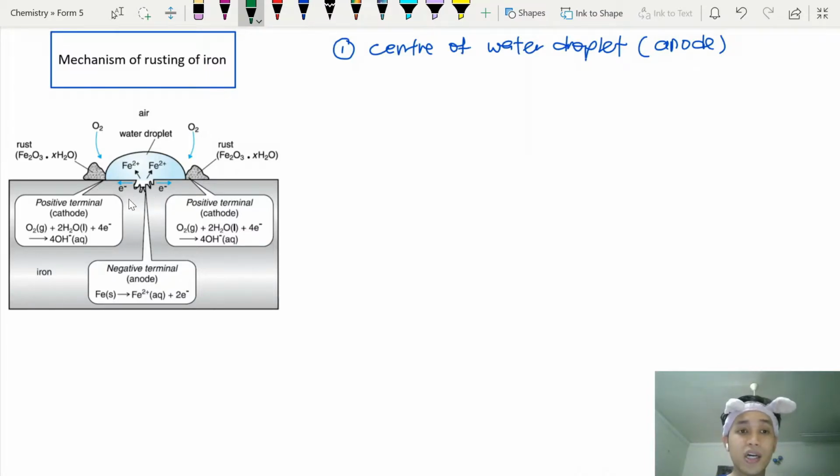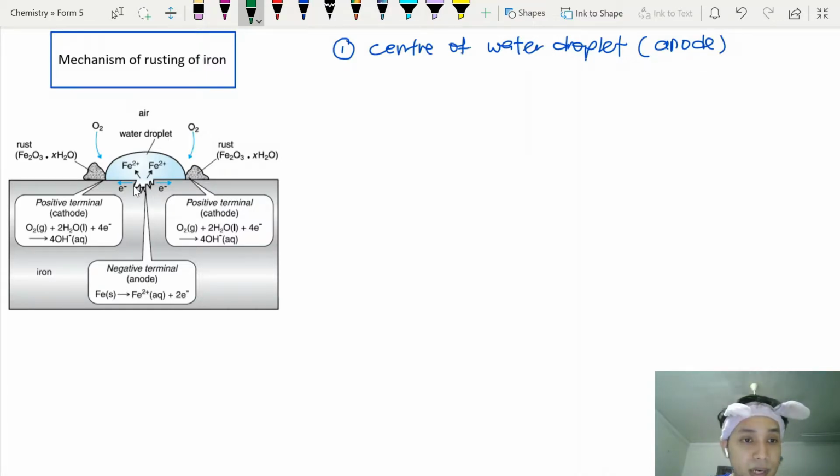So right now we are going to see how the oxygen and water cause rusting to happen. The one in the middle right here will be the anode, or the negative terminal. This whole thing is actually a chemical cell. You need to think of it as a chemical cell, so your anode is the negative terminal.